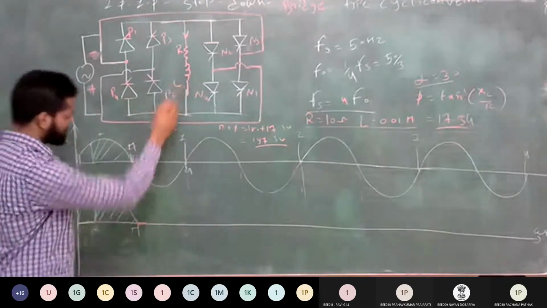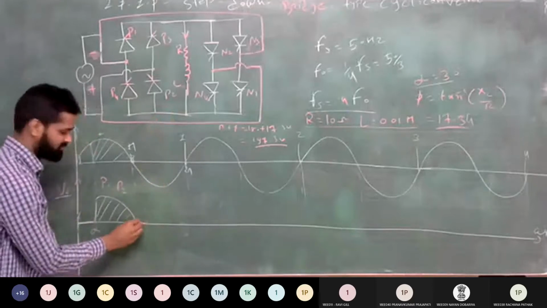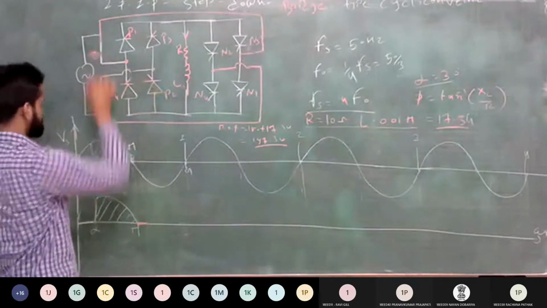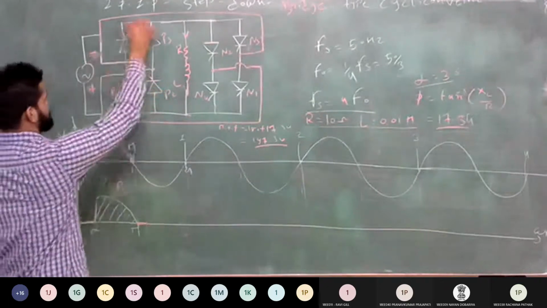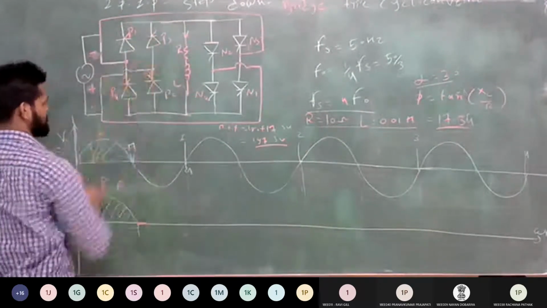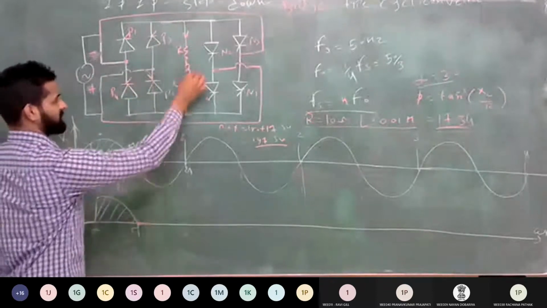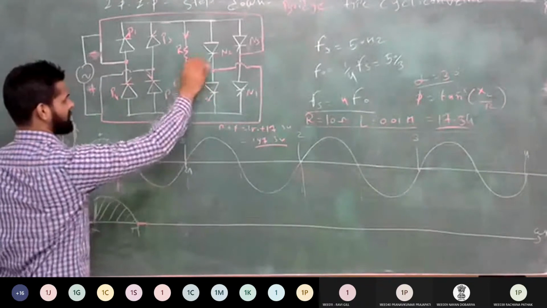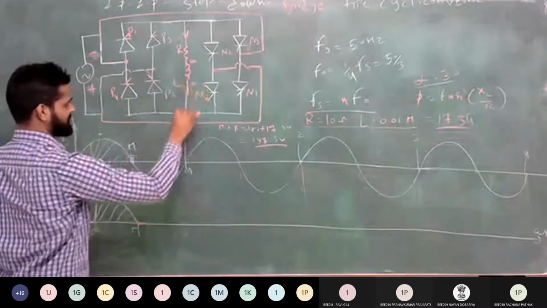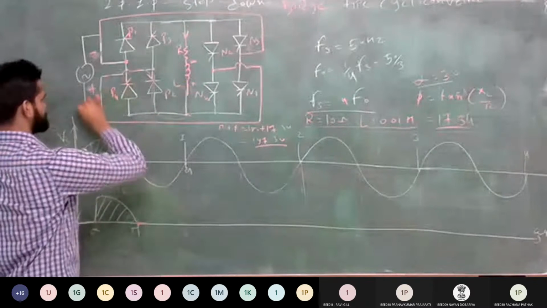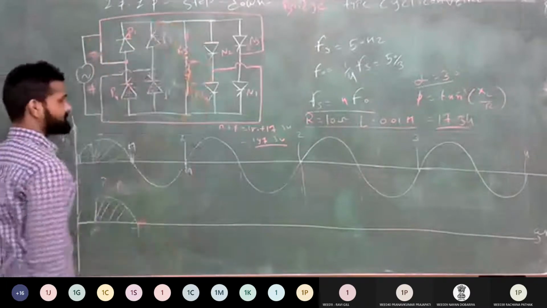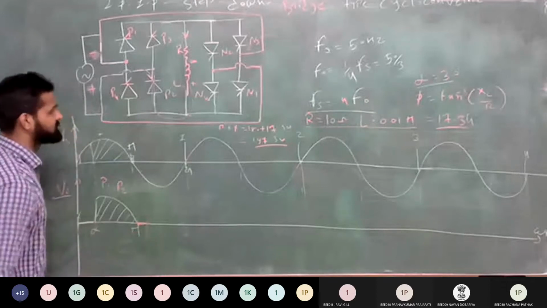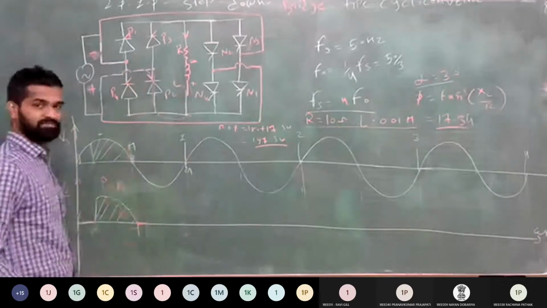So the inductor starts discharging from the angle pi, which means P1 and P2 are still conducting. Initially in the positive cycle the direction of current is this, but because of the presence of the inductor, the polarity changes and keeps the direction of current the same, so that it discharges, and at pi plus phi it is completely discharged, so that P1 and P2 become off here.